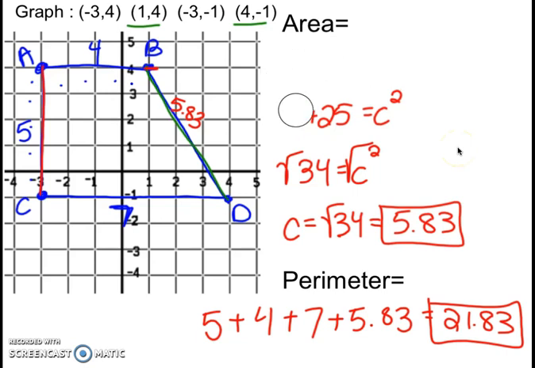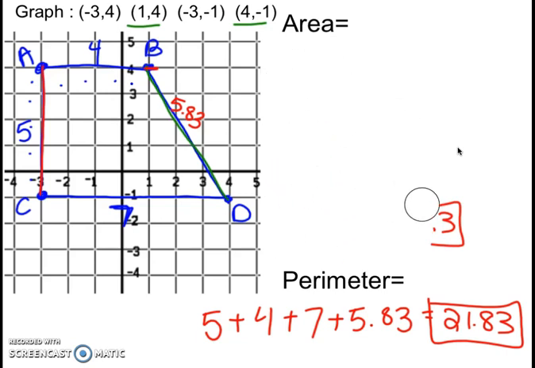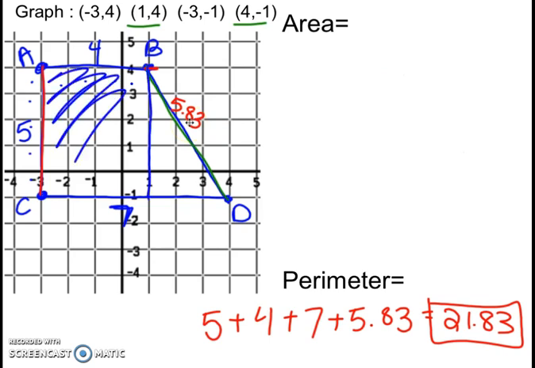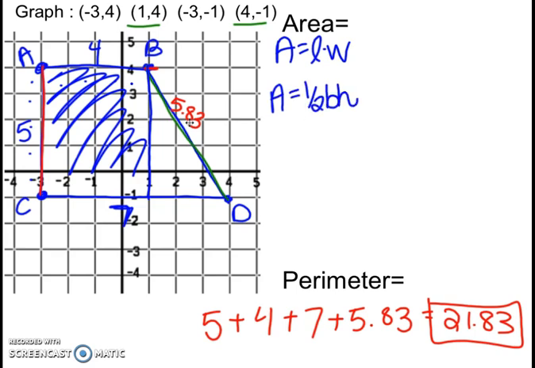Okay, so now finding the area is a little trickier. So let me go ahead and erase this. I can split this shape into two. I see that here's a square, and then I have a triangle. Notice the area of a square is going to be length times width, and if you have forgotten, the area of a triangle is 1/2 base times the height.